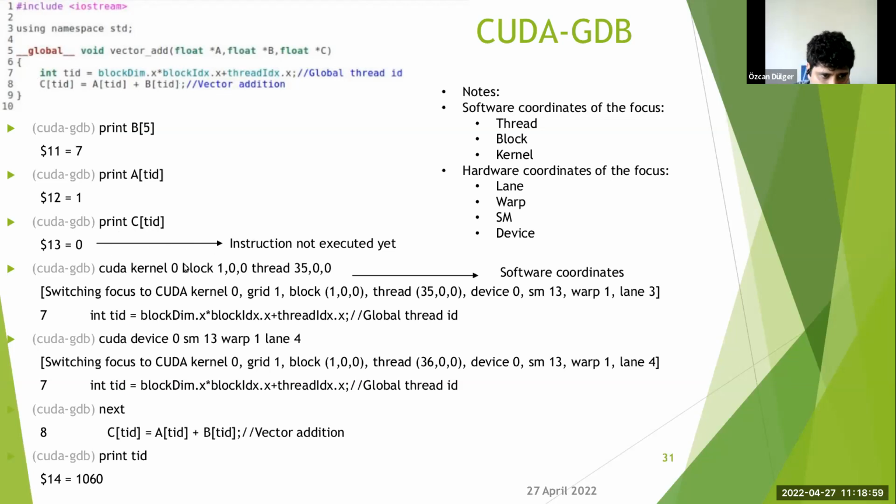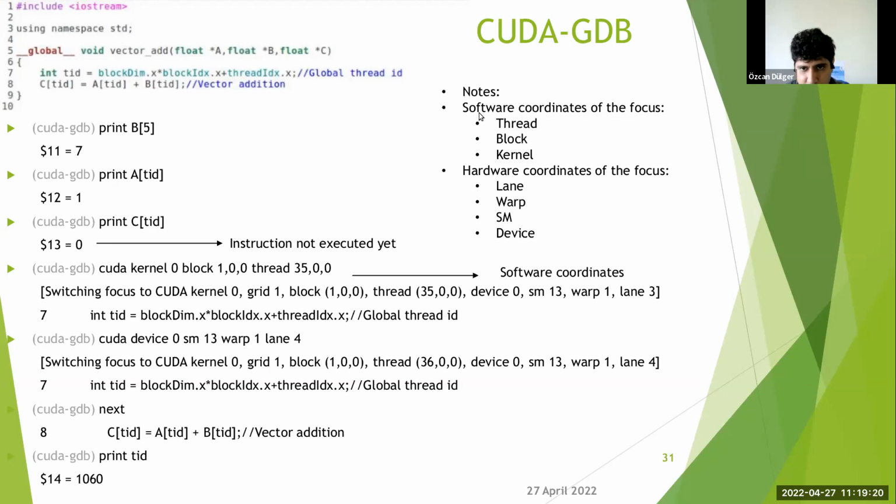Okay, the next issue is we can switch the current focus to another thread. How can we do it here? Before that, I would like to tell you the coordinates of the focus. There are 2 coordinates of the focus.